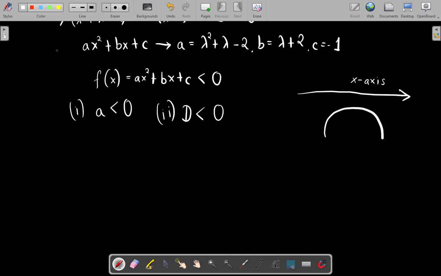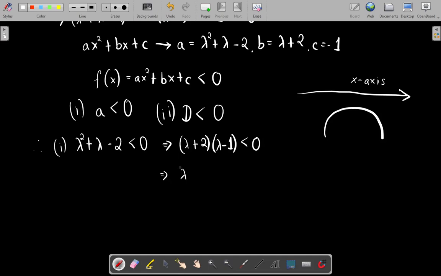If we apply these conditions in our case, condition 1, a is less than 0, implies that lambda square plus lambda minus 2 is less than 0. If we factorize this expression, we get (lambda plus 2) times (lambda minus 1) is less than 0.